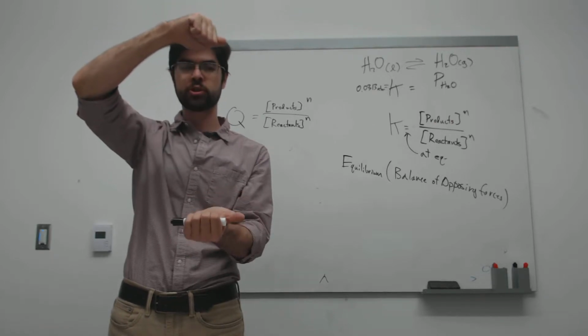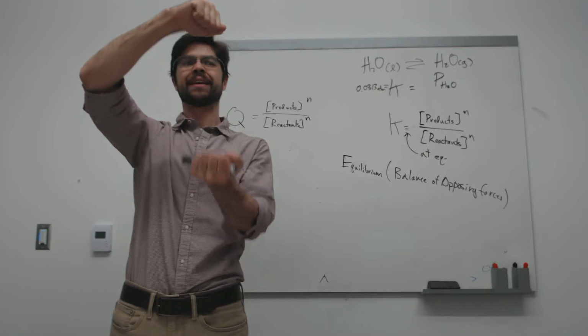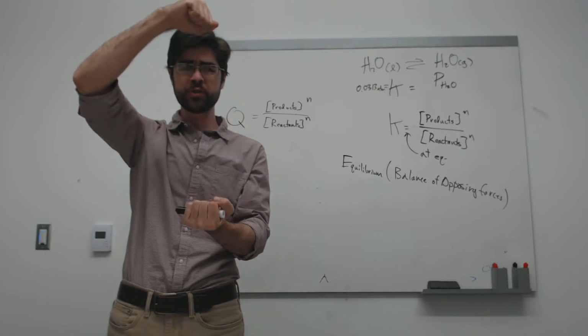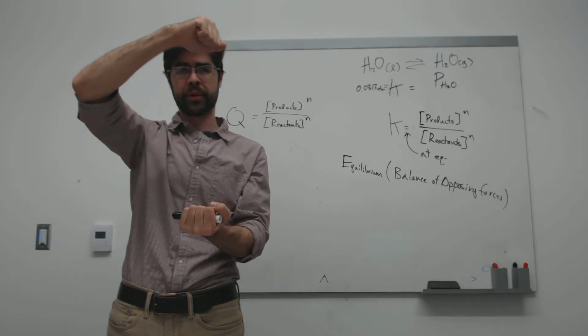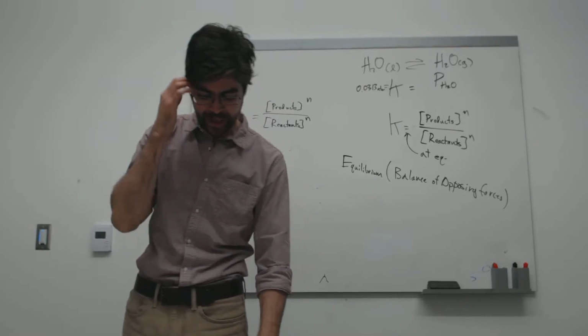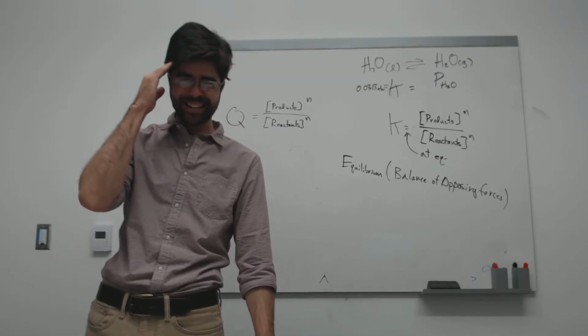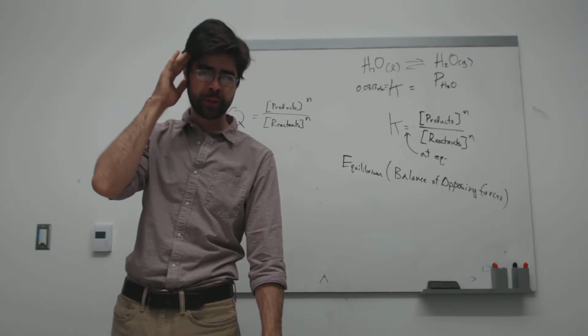And so as a result, you have a balance of a force that's pulling this way and a force that's pulling this way. Those forces can balance each other out, and then the system is at equilibrium. That's just what we call general equilibrium. Chemists usually don't talk about that type of equilibrium. We talk about dynamic equilibrium.